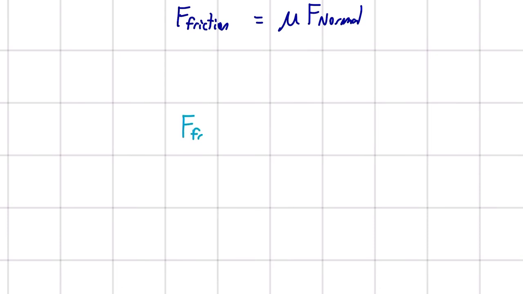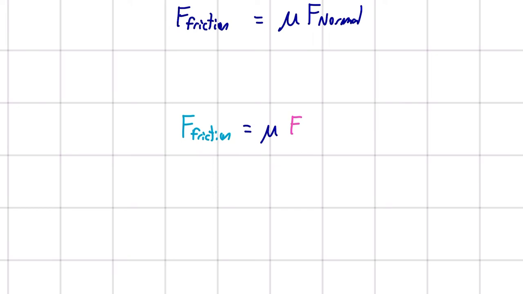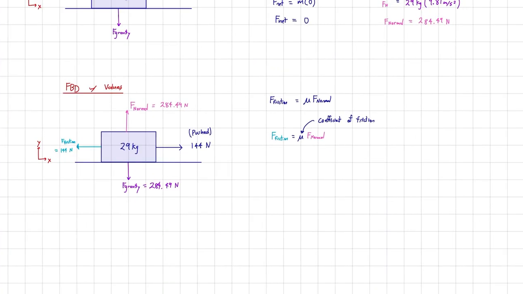So F friction is equal to mu multiplied by F normal. And this here, this mu, that's our coefficient of friction. That's going to be the value we're trying to find.